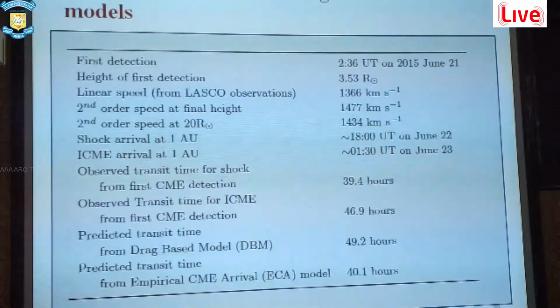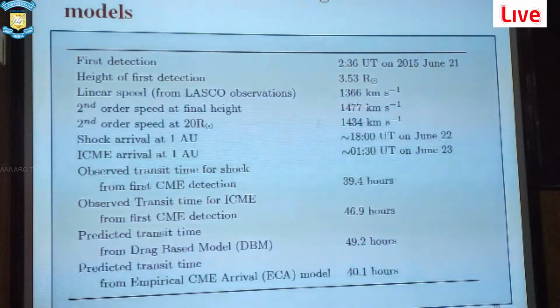We know the distance is 150 million km. Once we convert, we get about 250 solar radii. This is the first point, the initial speed, 1400.